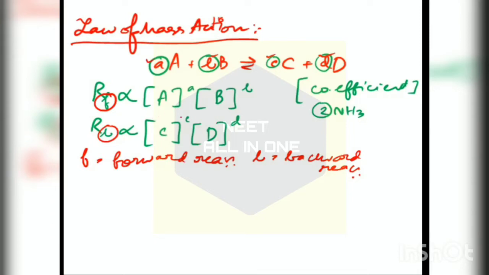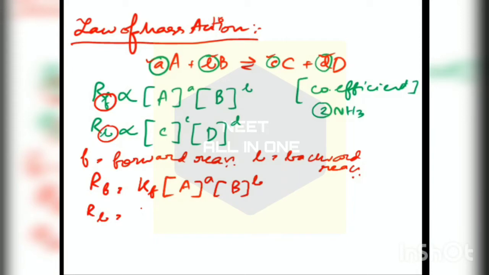Now we have to remove this proportionality sign. To remove that, we are bringing a constant, that is kf, and let's write the equation again. And for backward reaction, that will be the same.